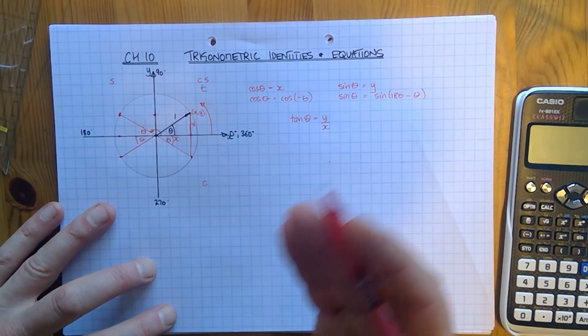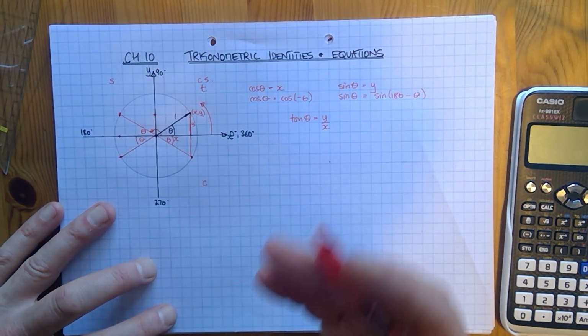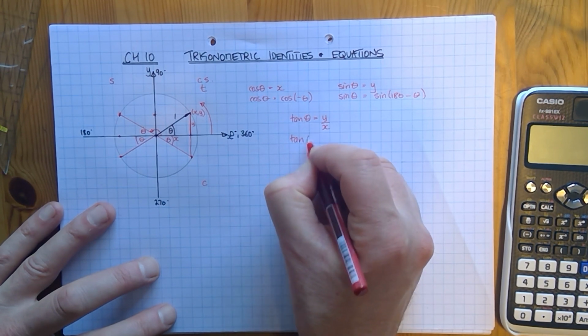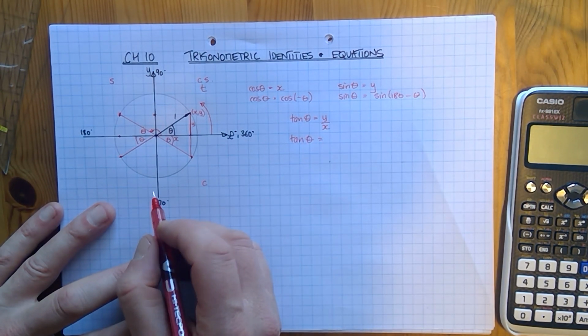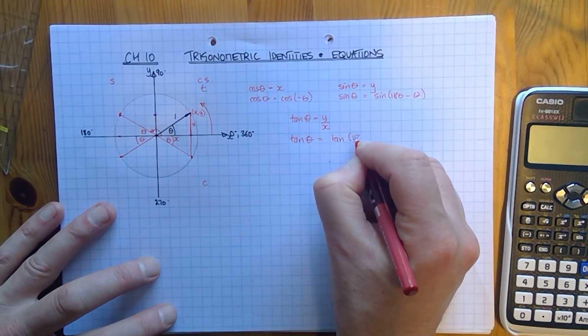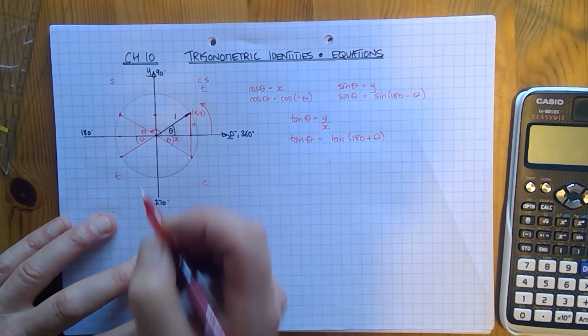Now clearly minus y over minus x and y over x are the same thing, give you the same value. So therefore we can see that tan of theta is going to be the same as tan of 180 plus theta. So tan is going to be positive here.